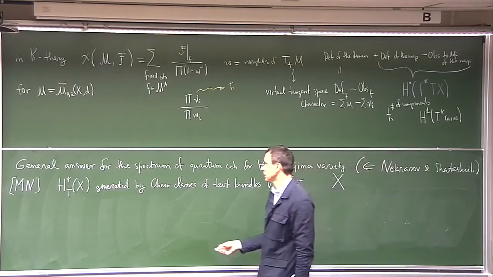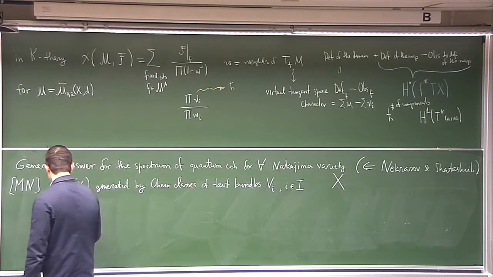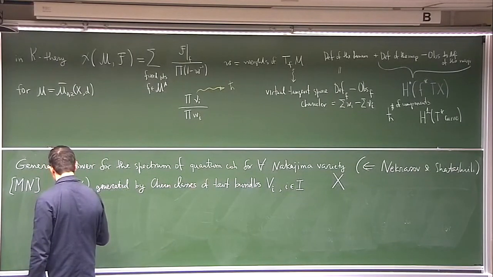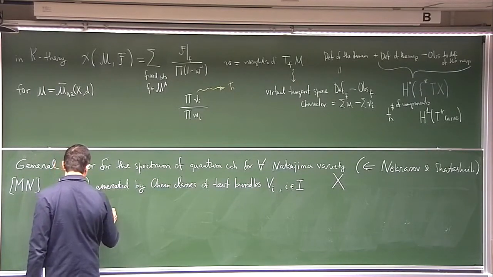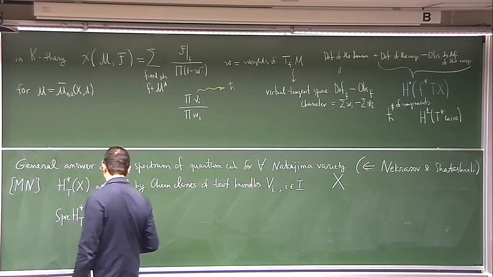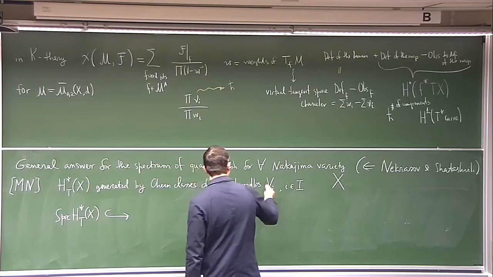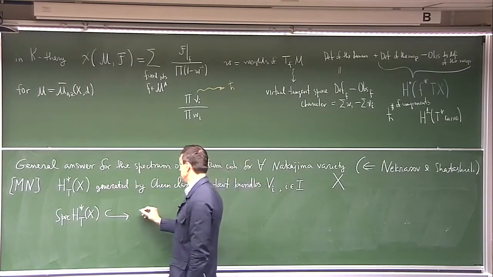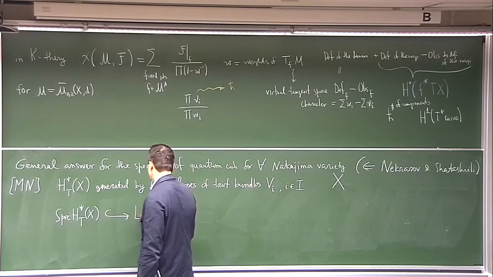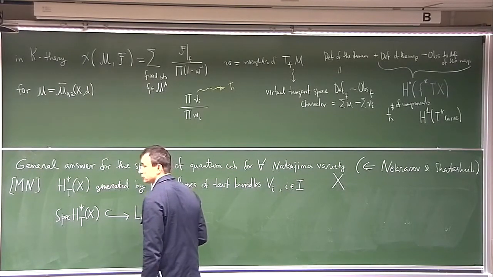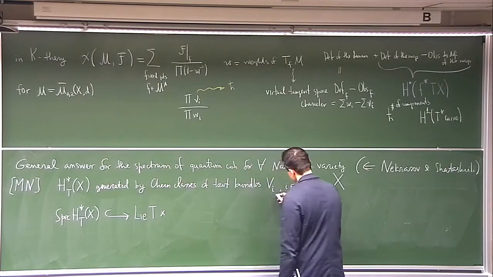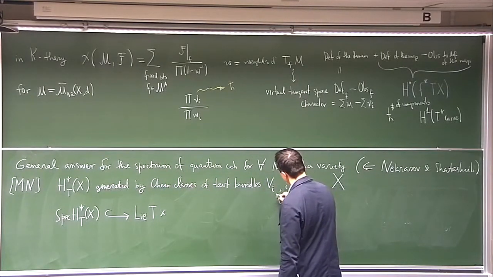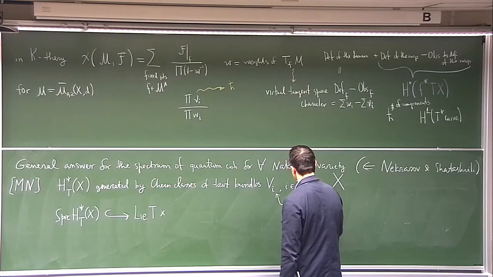This means that the spectrum of equivariant K-theory of X embeds into: you have the variables for the Lie algebra of the torus T, and you have some variables for V_i, which has Chern classes, Chern roots.